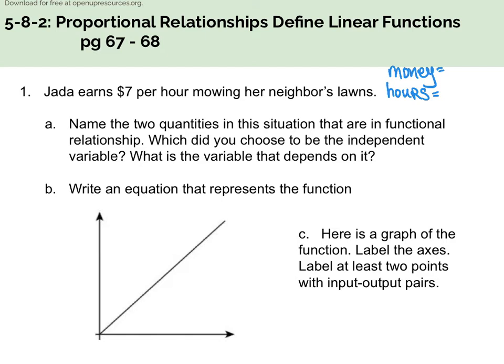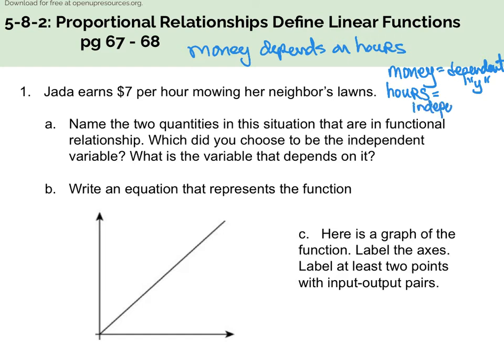I'm going to say money depends on hours. So our money is going to be our dependent, which is our y, and hours is going to be our independent, which is our x.